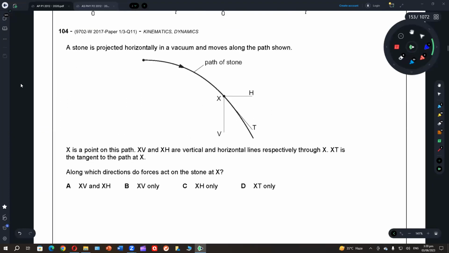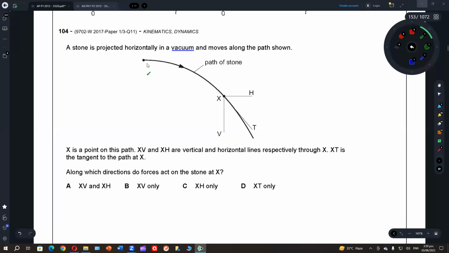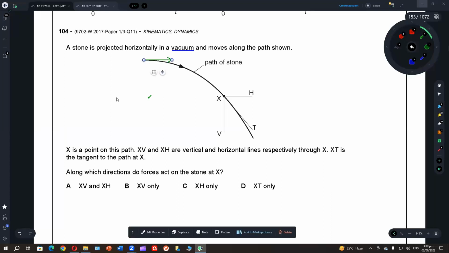A stone is projected horizontally in a vacuum and moves along the path shown. It's a projectile case. So the air resistance will be zero as it is in a vacuum.